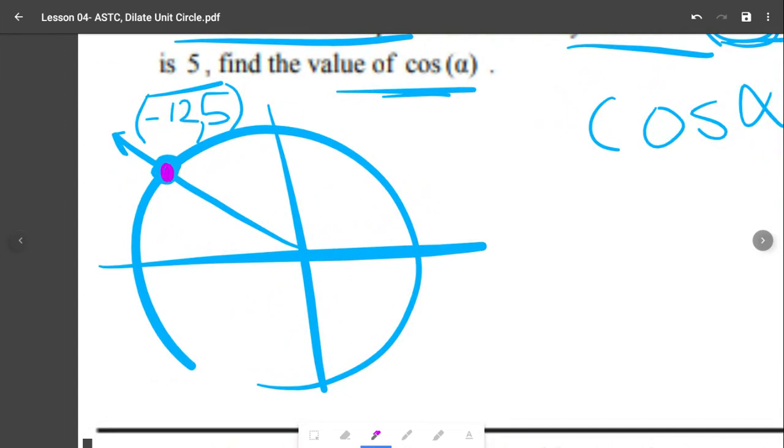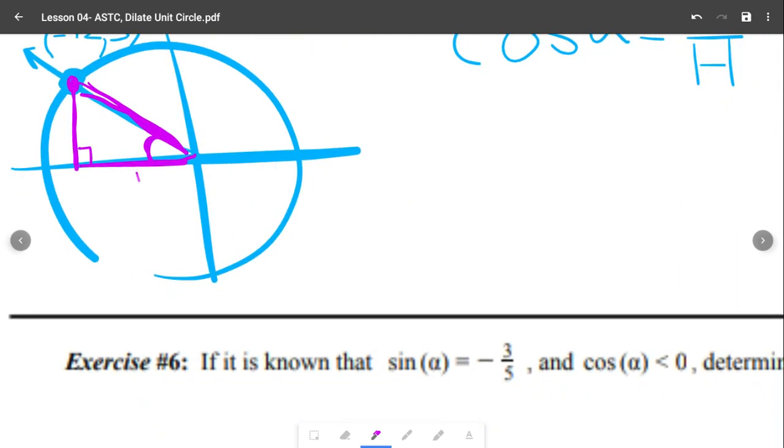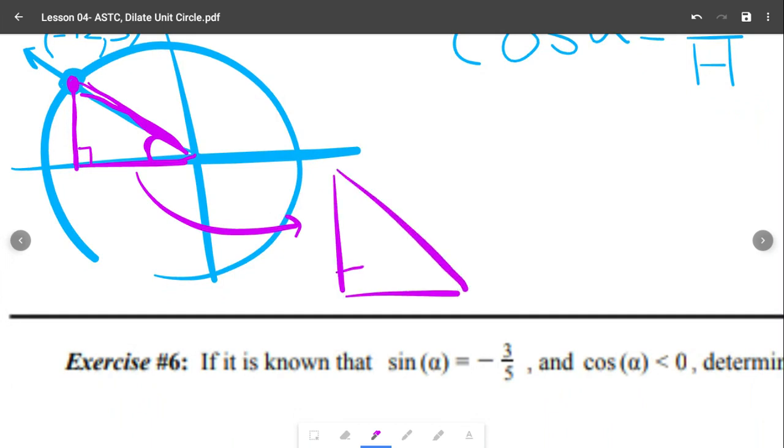You're going to take the point and go straight to the x-axis to make a right triangle. So here is our triangle. The angle I said will always be closest to the origin, so that's going to be the one on the bottom. So I will zoom in here for you, make it a little bit bigger without everything else. Here's alpha.